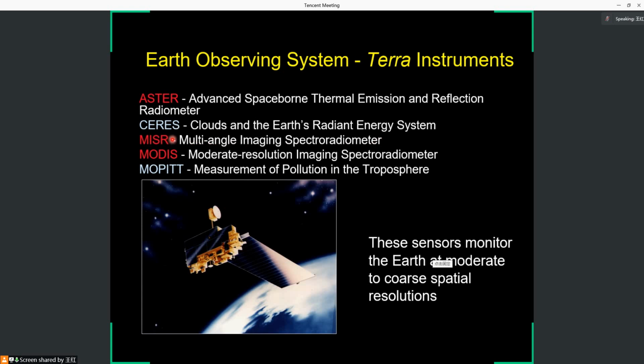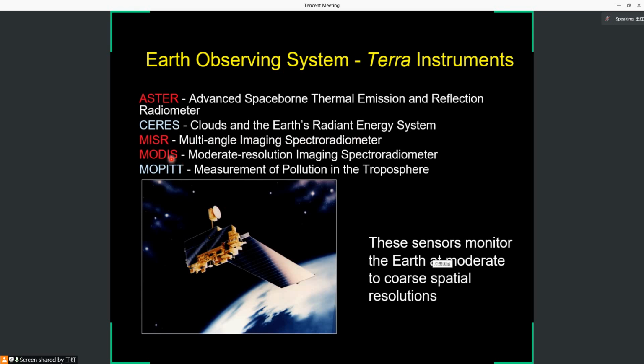If your study area is global, or a whole country, a very large area, you can use this, because you can get the height of the trees or building height, and its spectroradiometer has more bands, a lot of bands. But the shortcoming is the spatial resolution is lower.